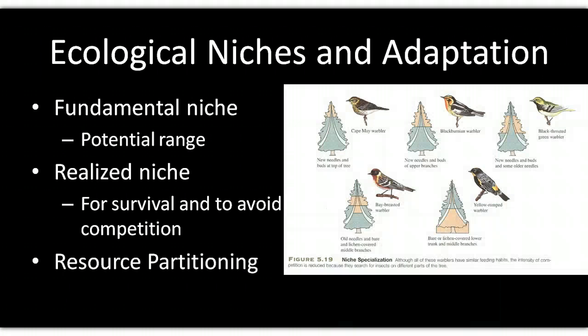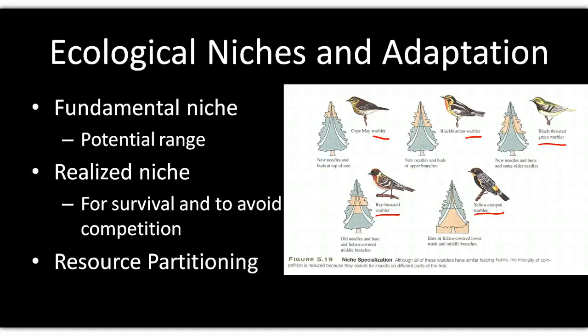This is another interesting one in regards to warblers. We don't typically hear this when we talk about birds, but especially in the spring, we get a lot of warblers that come through Michigan. We'll try to at least talk about them, and maybe see if you can get their bird calls down in the spring. But warblers, or a variety of other animals, can avoid direct competition by eating at different locations.